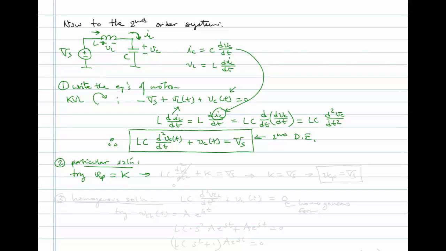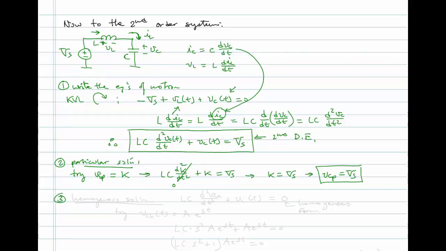So we get LC times the second derivative with respect to time of k plus k is equal to Vs. This, of course, is 0, and we find k is equal to Vs, which therefore Vc particular is equal to Vs, just like before. So that did not change from the first order system.